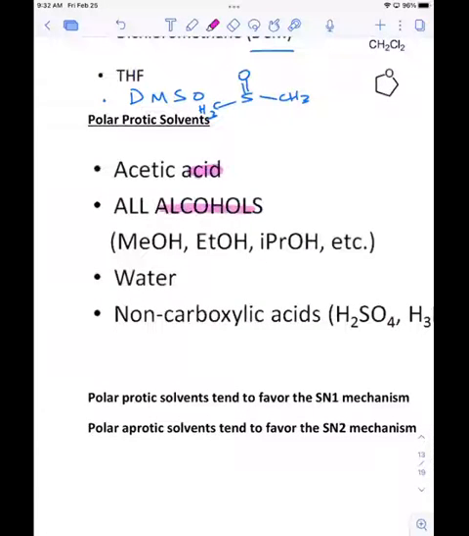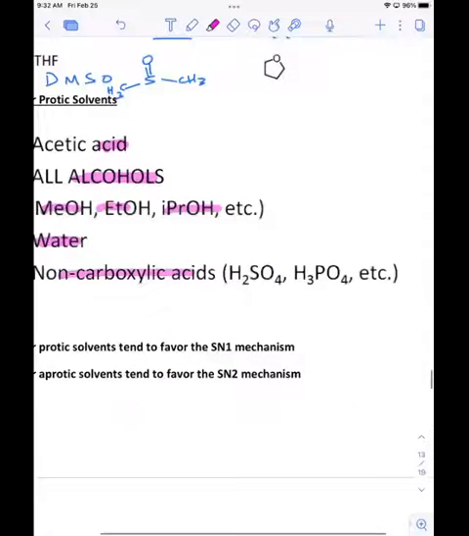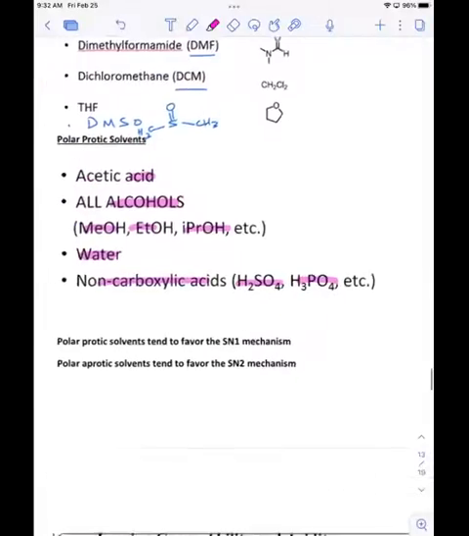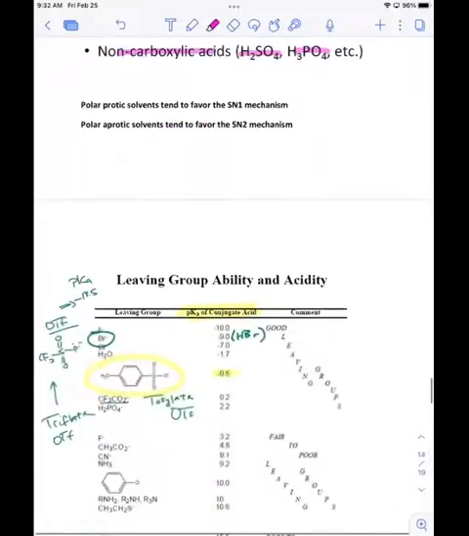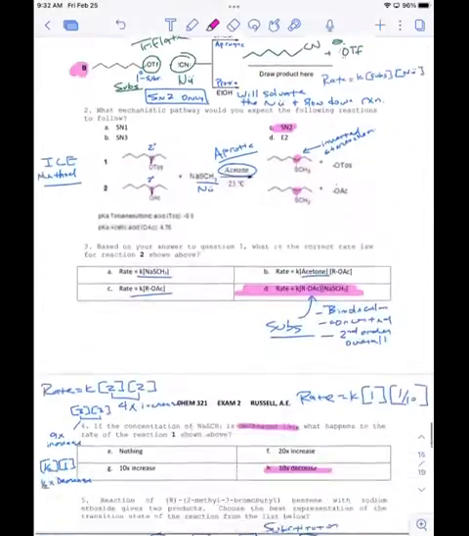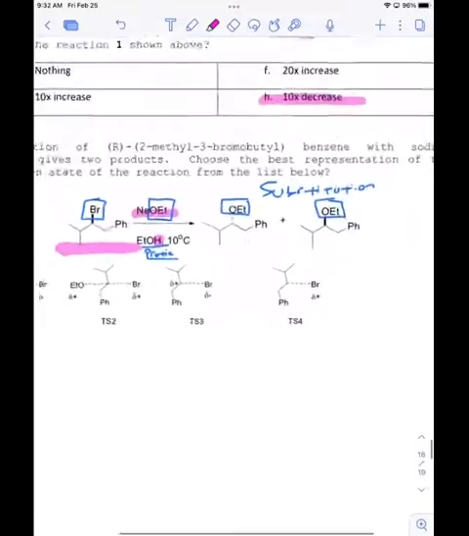Acids, alcohols like methanol, ethanol, isopropanol, water, and then non-carboxylic acids like sulfuric acid, phosphoric acid, and so forth. Anything that can give up a proton is considered a protic solvent.